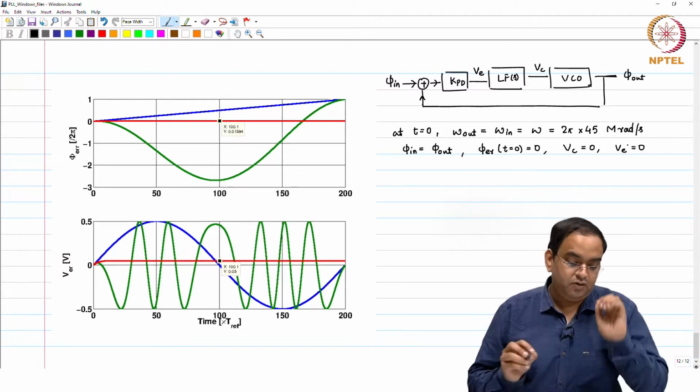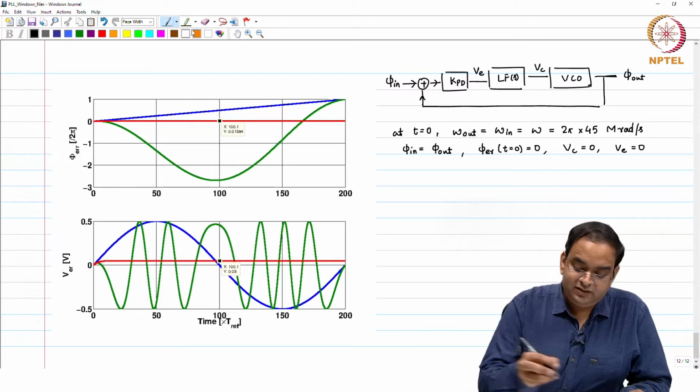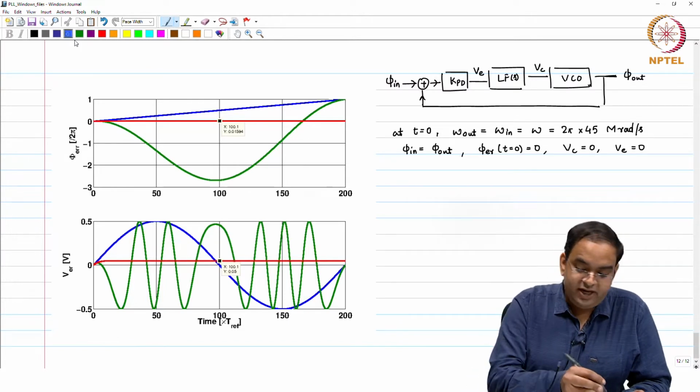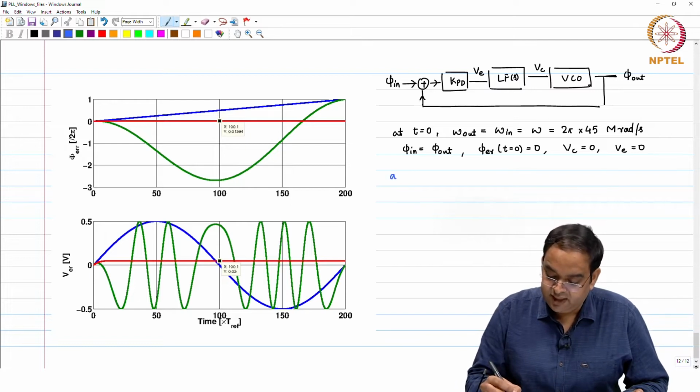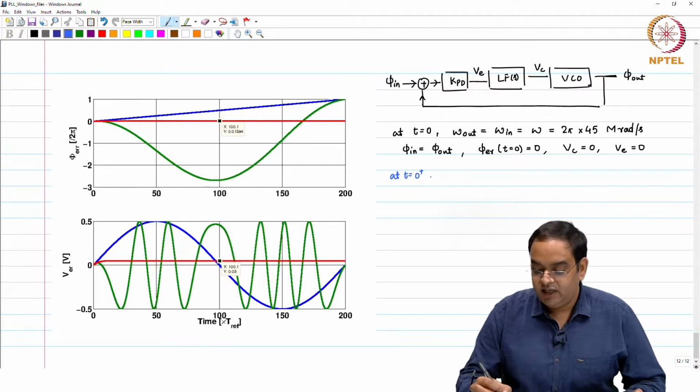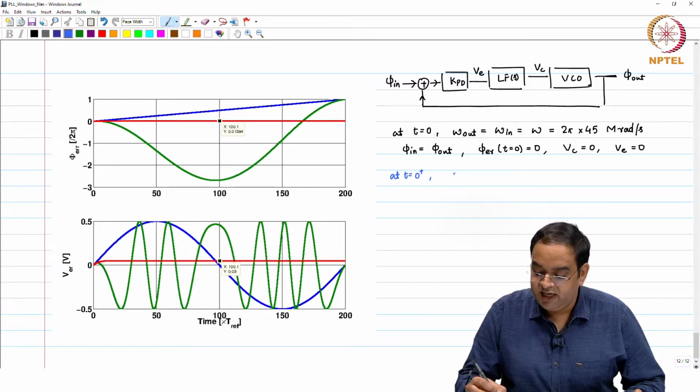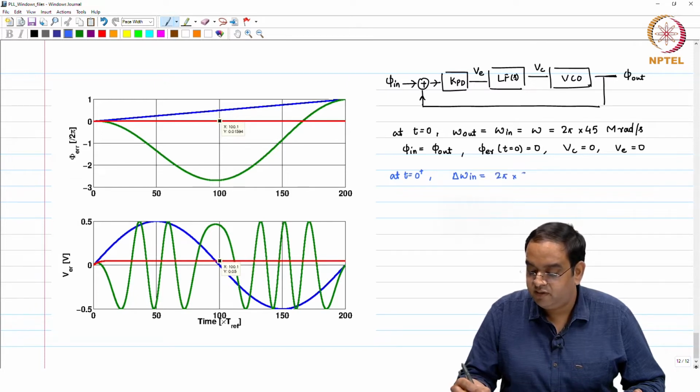Okay. Now, in this case, we come and apply a frequency step at t equal to 0 plus, you can say. I applied a frequency step at omega in. So, I have, you can say, delta omega in as 2 pi into 5 mega radians per second.